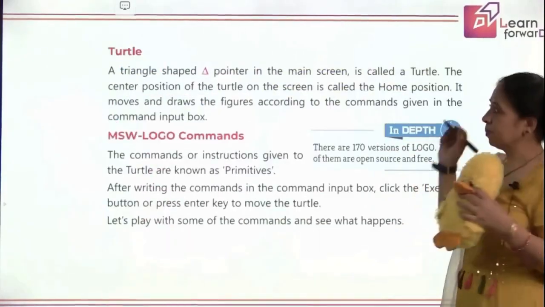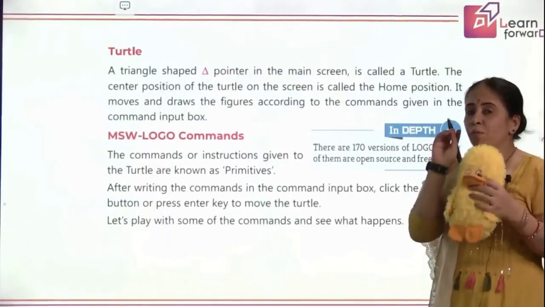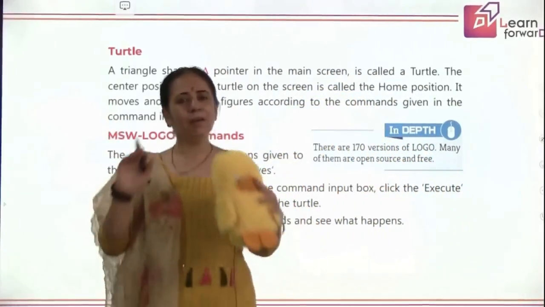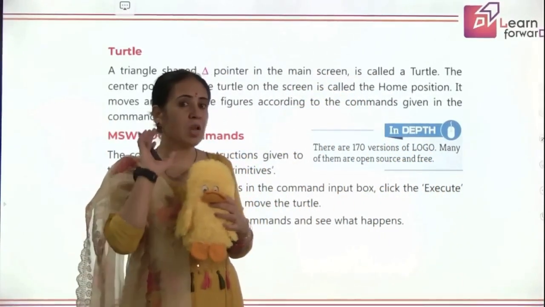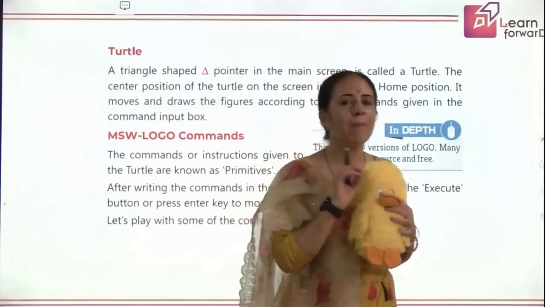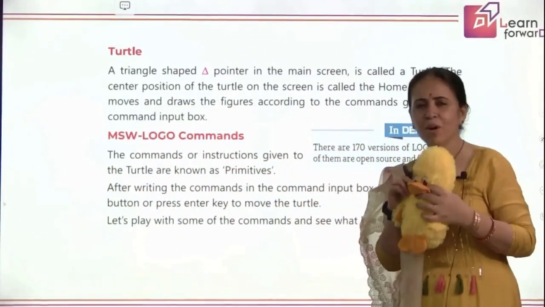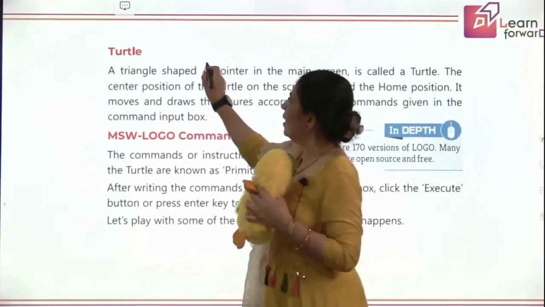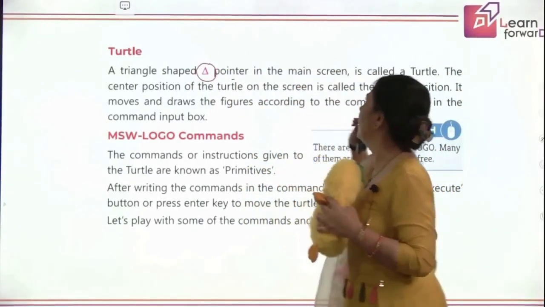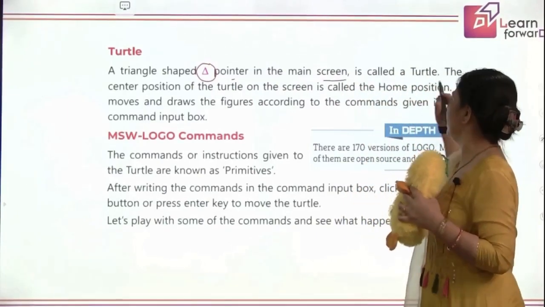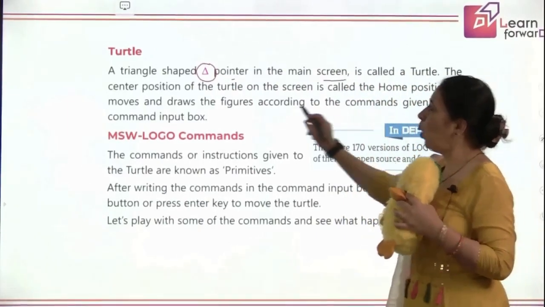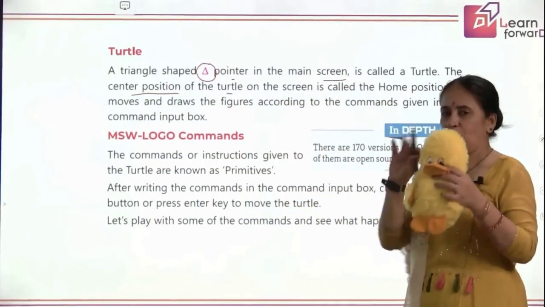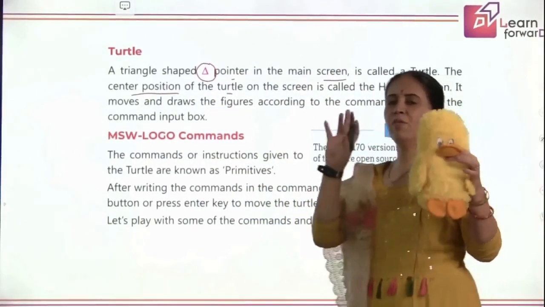Okay. Now, a very important thing that appears at the center of the screen when you start working on MSW logo. What is it? That's turtle. So, turtle is a triangular shape pointer on the main screen, right? And it always occupies the center position on your working screen.